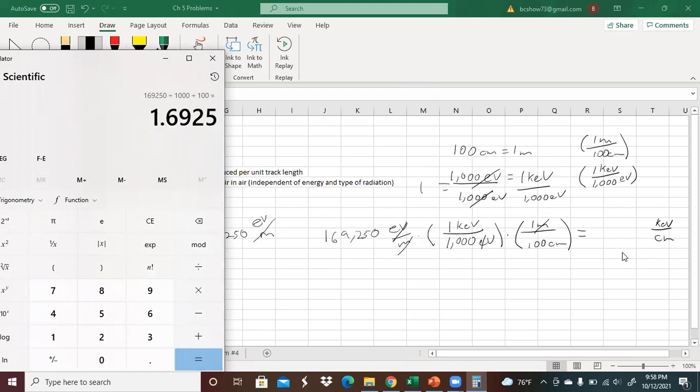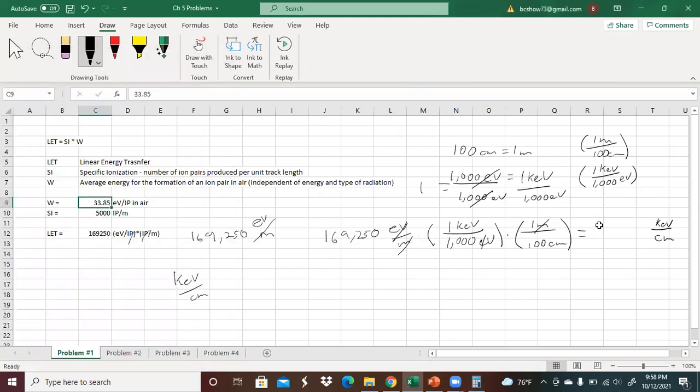Well, I guess I have to annotate this first. So what I come up with here is 1.6925 keV per centimeter.